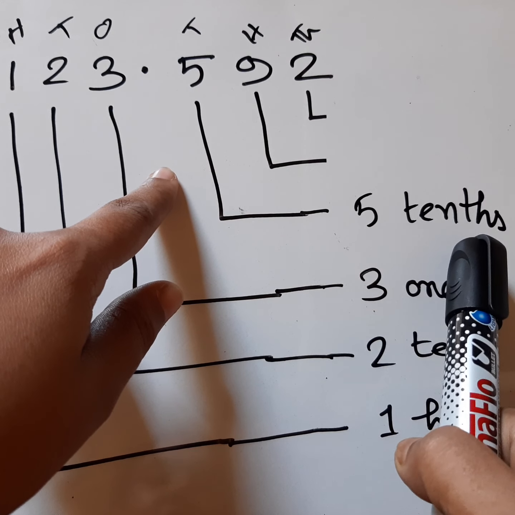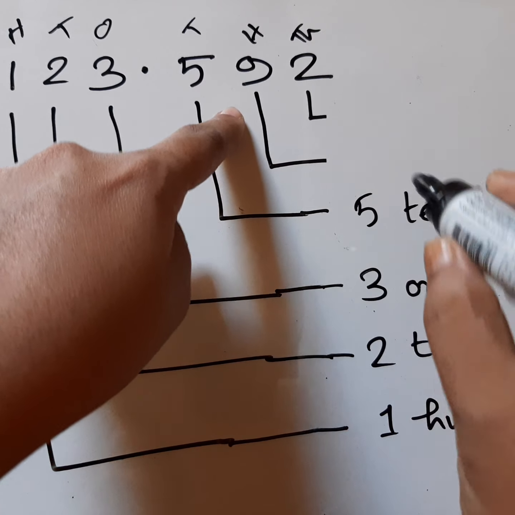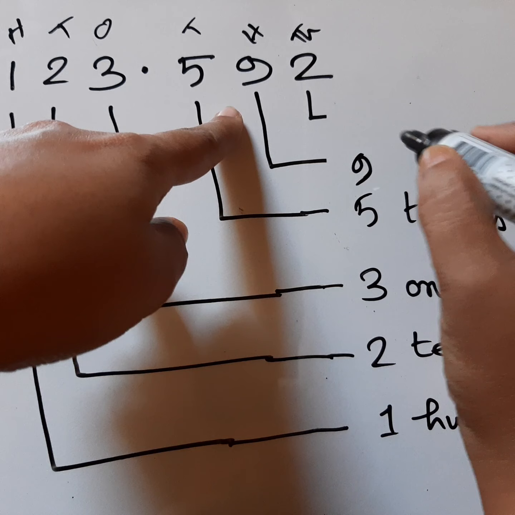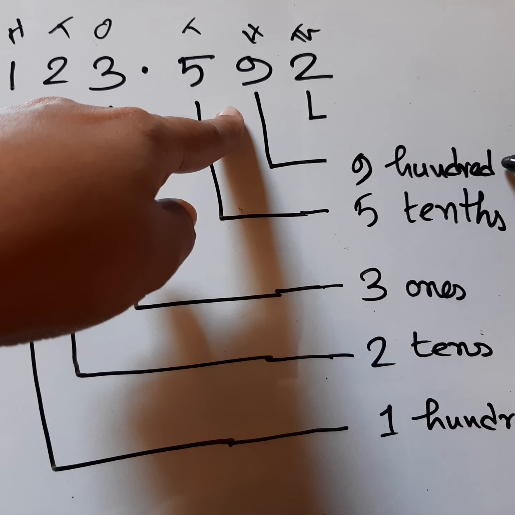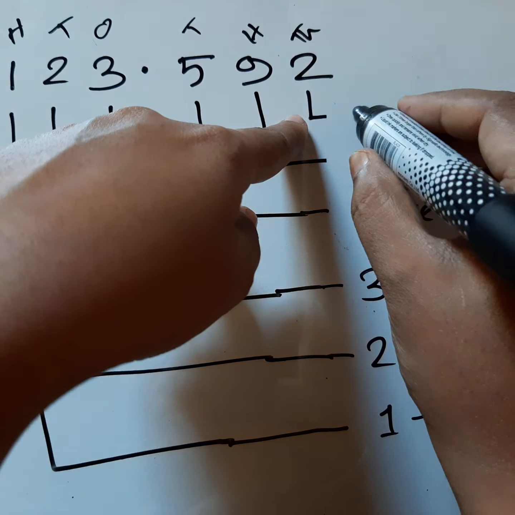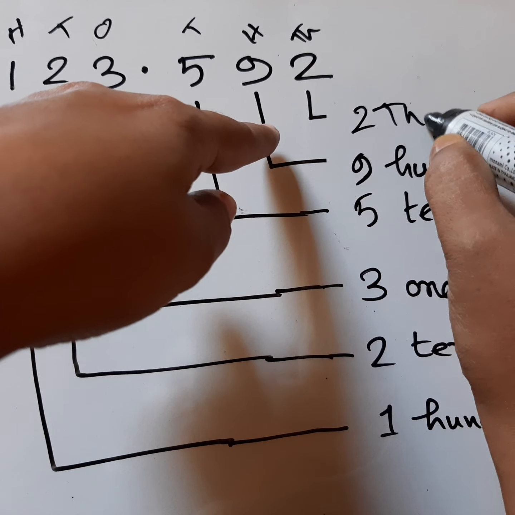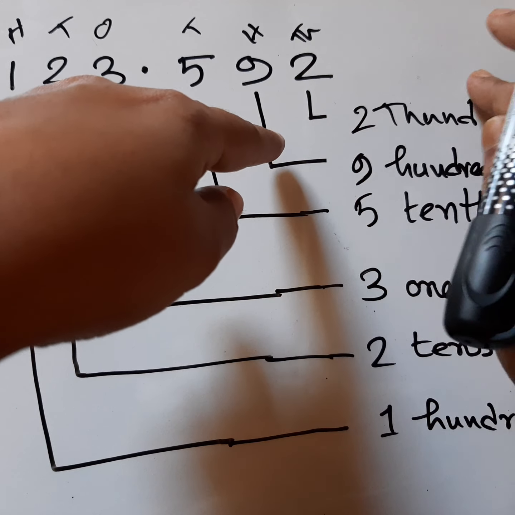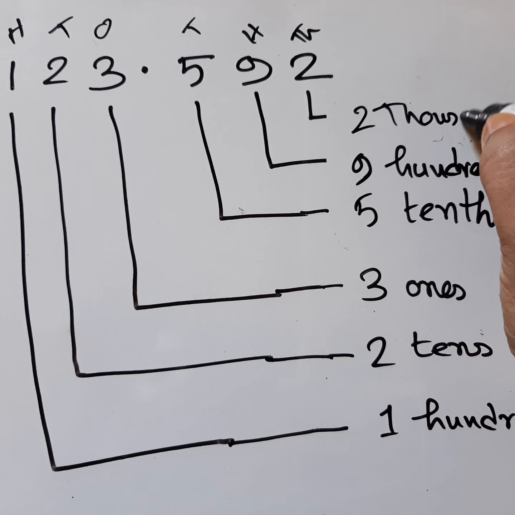Okay, there's an extra th over here. Exactly that way, that 9 will be 9 hundredths, and that one will be 2 thousandths. Okay, this is the simple thing.